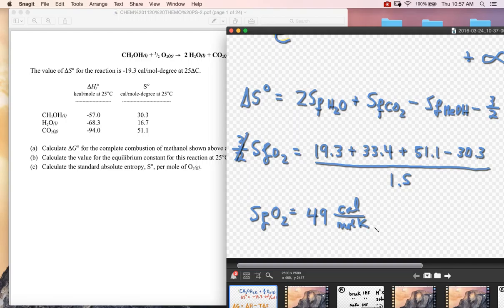Now, we know from thermodynamic tables that in joules this should be 205. So if we multiply this by 4.184, we get 205.02. So our work checks out. So this answers the last part of FRQ number 1, which is 49 calories per mole Kelvin. So this is the complete solution to FRQ number 1.